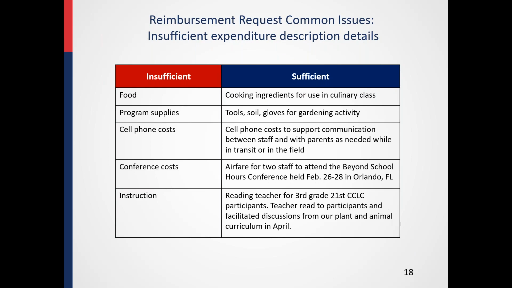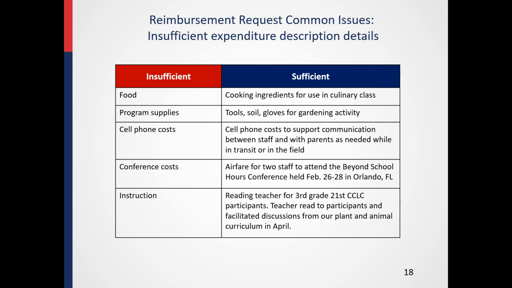Another common issue that comes up is related to insufficient expenditure description details. The OSSI staffer reviewing your reimbursement request has to be able to match each line item expenditure to the descriptions that are in the approved budget. It also needs to explain its connection to the 21st century program.